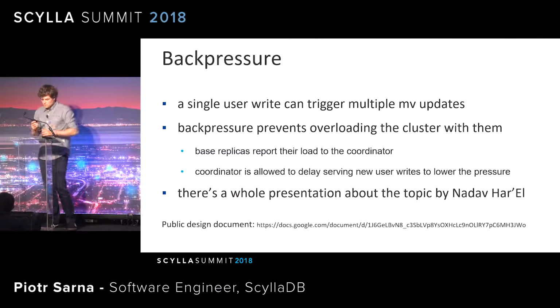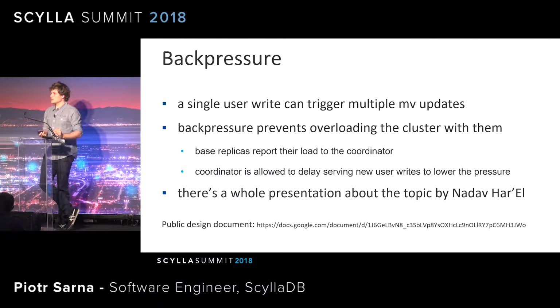Backpressure. All right. Since generating view updates is a process that can really affect throughput of the whole cluster, we need a way of limiting it so it doesn't overload. You can think of it like that.